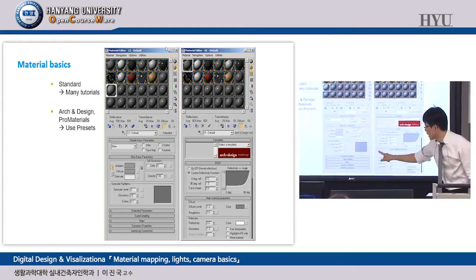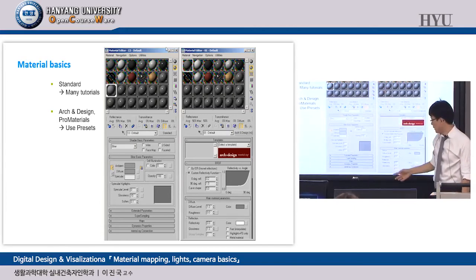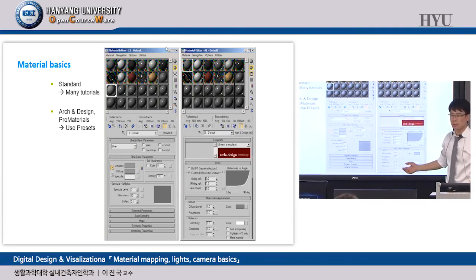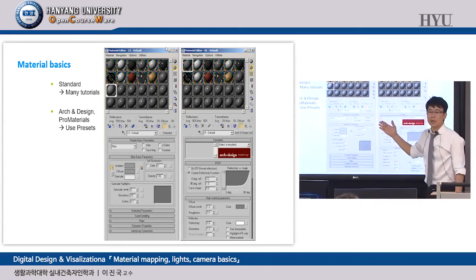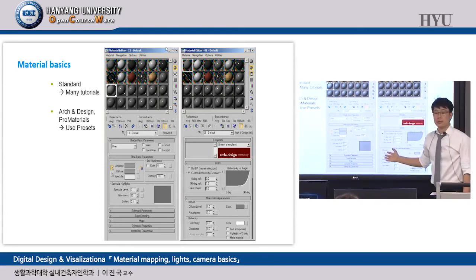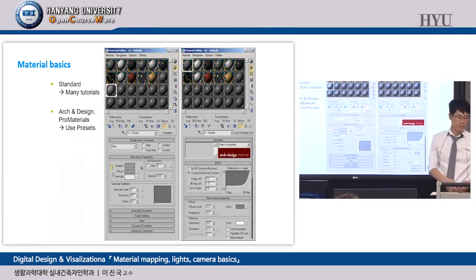On the diffuse tab, there is color. So click the gray color, change it to yellow, and then you can change the color. How about reflection? Reflectivity means reflection rate, okay? Something like reflection, glossiness, softness, and so on. They look totally different, but technically the same. That's why I'm saying they are equivalent with each other.